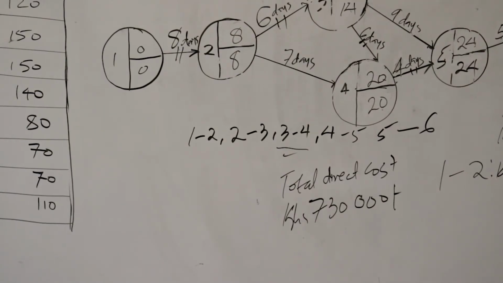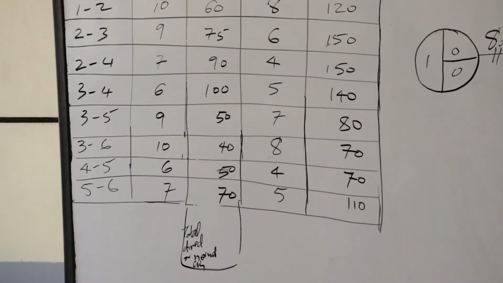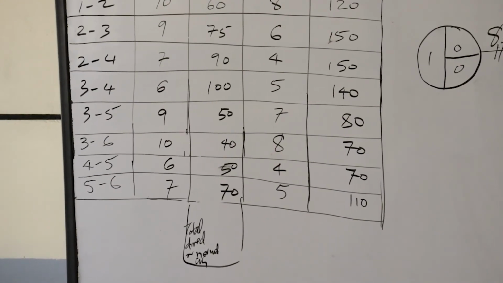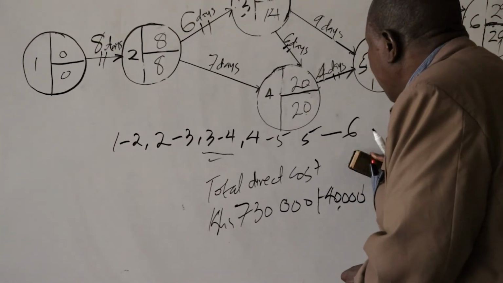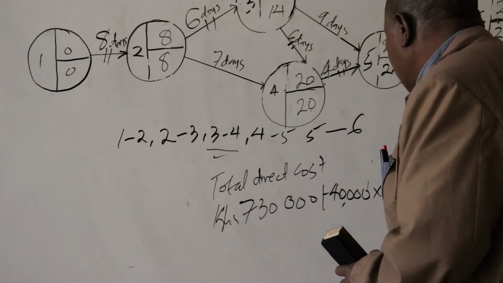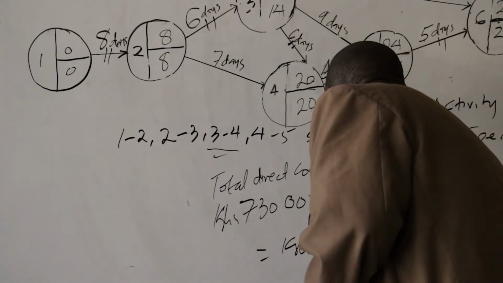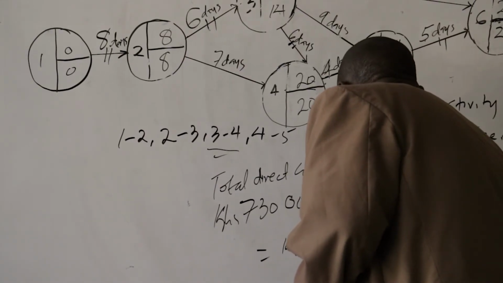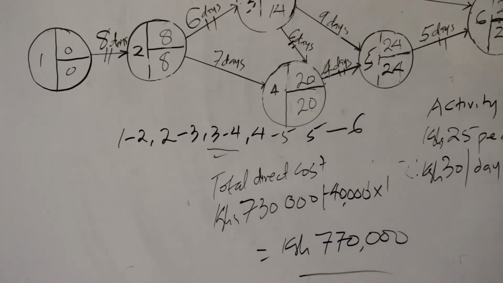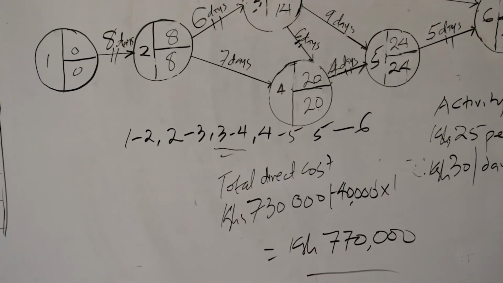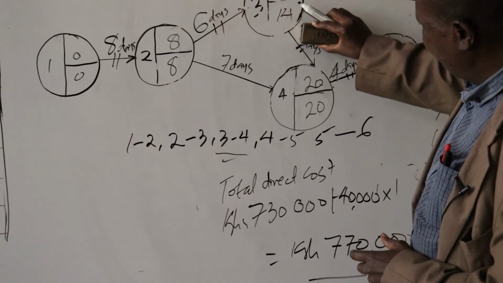It has the highest cost slope, 40,000, times 1 day which is available for crushing. Then this becomes 770,000 Kenya shillings. Activity 3 to 4, we are going to crush it by 1 day.